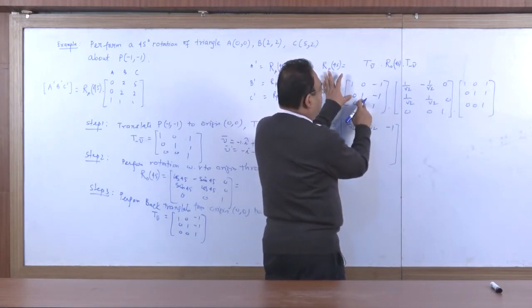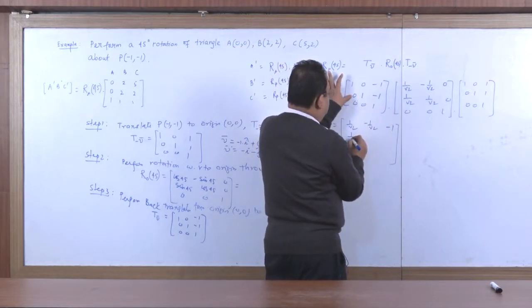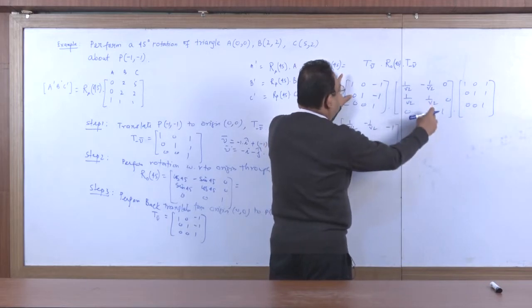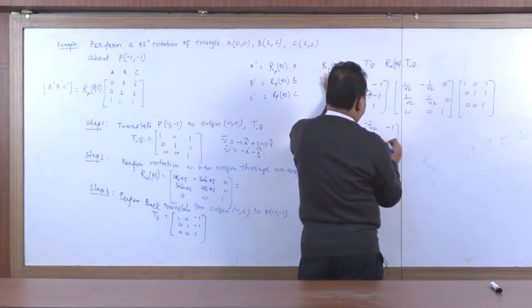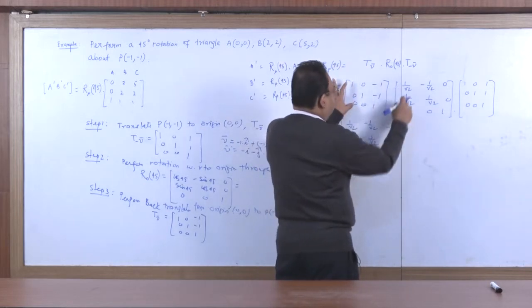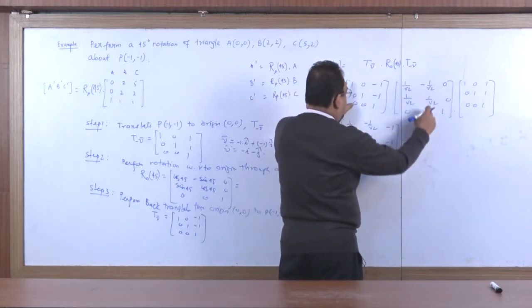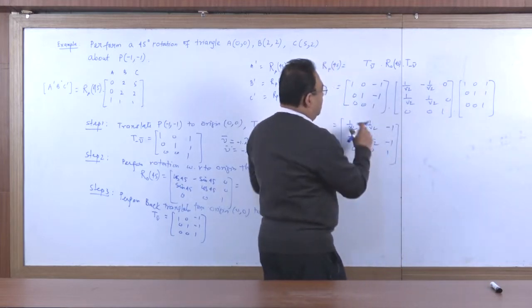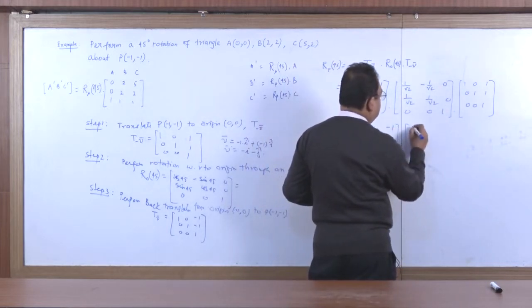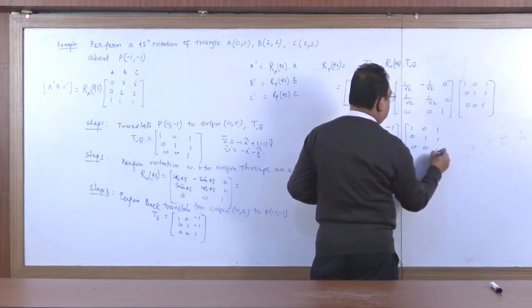So, only this part will be there, 1 by root 2, then this into this, then 1 by root 2, then this into this is minus 1, then you are multiplying this is 0, then this is multiply this is 0, and this into this, that is 1, and it is 1 0 1 0 1 1 0 0 1.